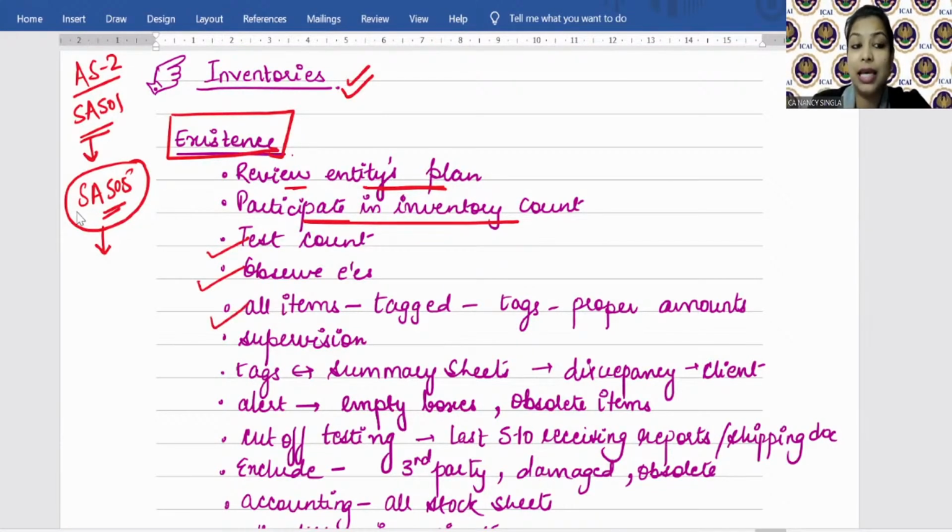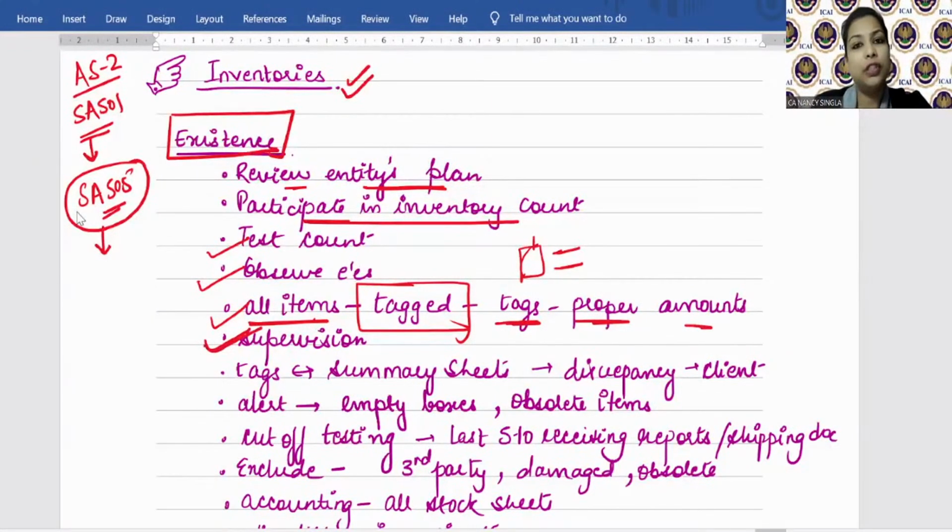The auditor will see that all items of inventory are tagged, right? Proper tagging should be there, whereby what is contained in that carton, if there is a carton, and what the dates are. The auditor will see that, and such tags should have the proper amounts also. And whether the inventory count has been supervised, the auditor will see that. Now, with respect to all the tagging, tags will be put on all the cartons.